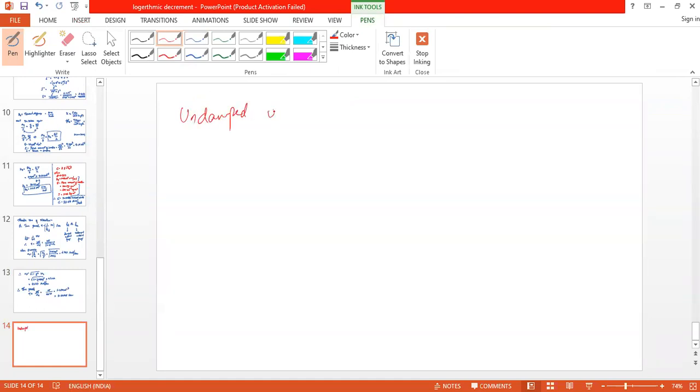Undamped natural frequency, that is omega n, is equal to 4242 radians per second, and according to Fn, it is 1 by 2 pi times omega n, that is 4242 divided by 2 pi. That is 675 hertz.